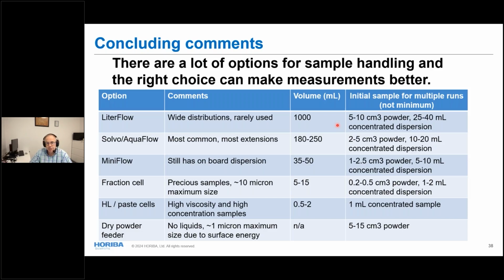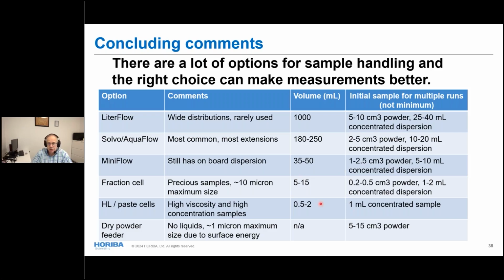And the solvent flow is about a quarter that size and uses about a quarter of that much dispersion for single measurements. Generally, the lab likes to look for 10 to 20 ml, again, for method development. Mini flow, even less material, 35 to 50 ml. And here we're looking at kind of a few hundred microliters of concentrated material.